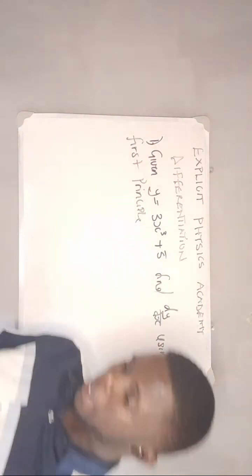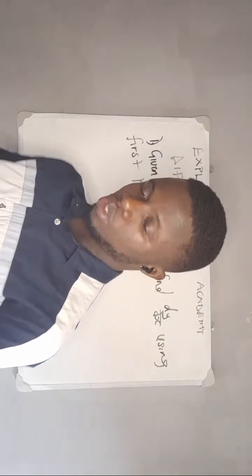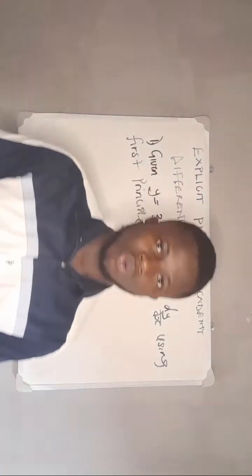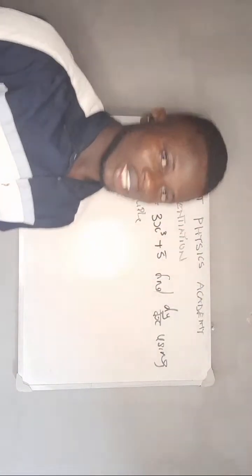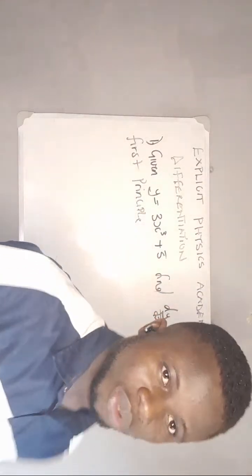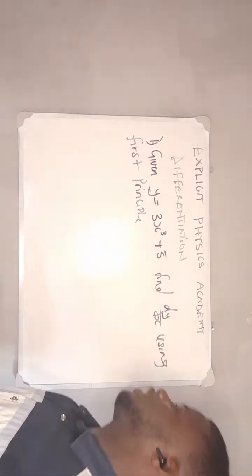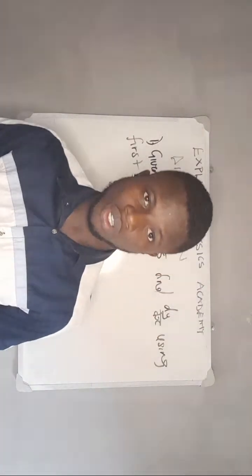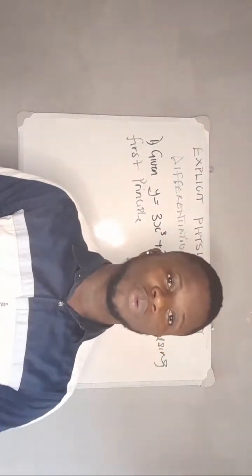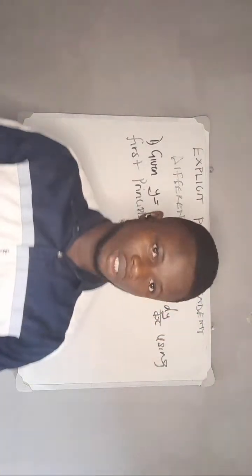What do we do? I believe in our last class we did one example, although we ended not really quite well, but we did one example. So I'm going to jump into this example. It says given y is equal to 3x cubed plus 5, find the dy/dx using first principle. That's the question. We are going to use the first principle of differentiation, not the other ways.